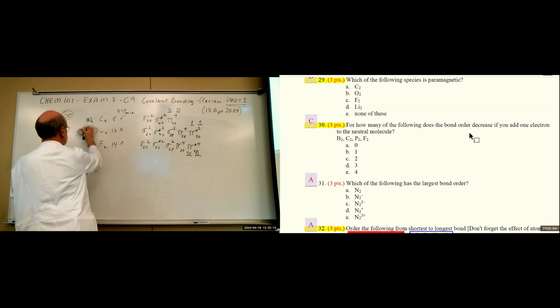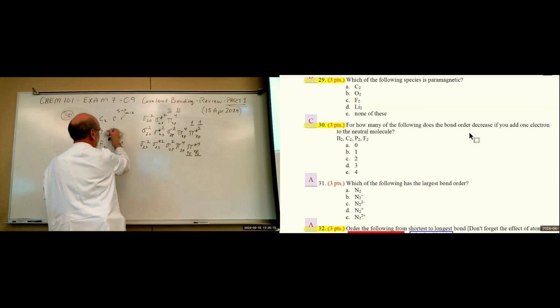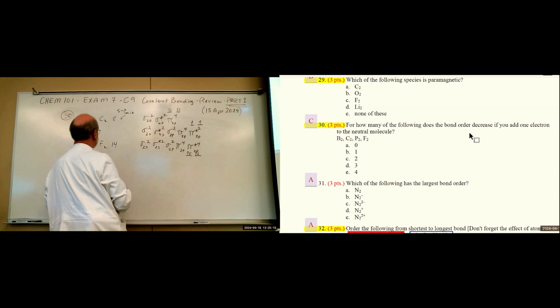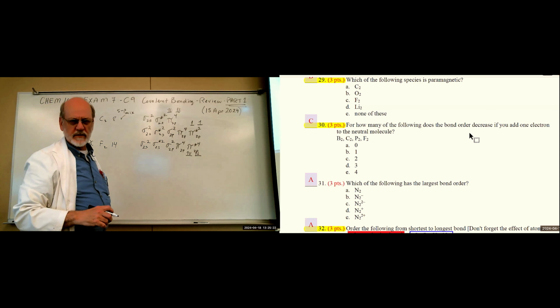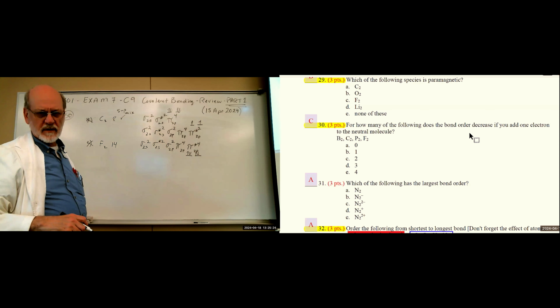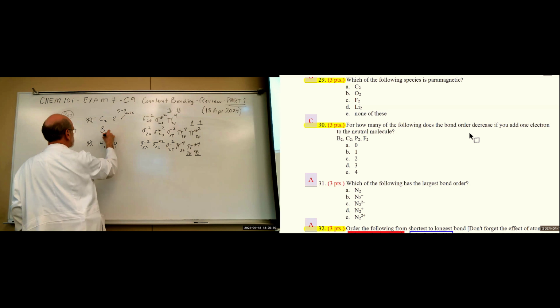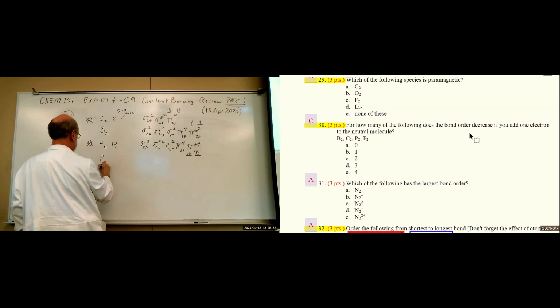And there's carbon. And let's see, what are other choices? Carbon, boron, and phosphorus. So B2 and phosphorus 2.